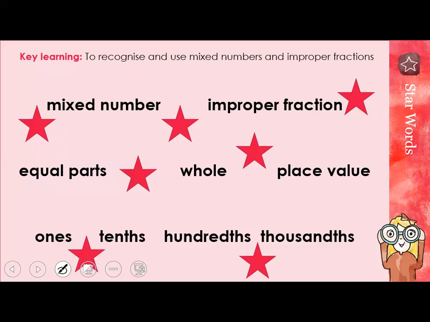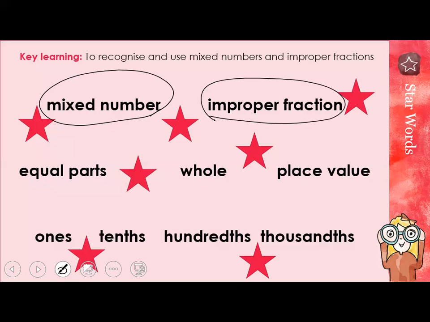Have a little second now, or pause the video, just to familiarize yourself with the star words. We have two new star words this lesson, and those ones are mixed number and improper fraction. That might be something that you already have an idea what it is, or something that you're not too sure about.